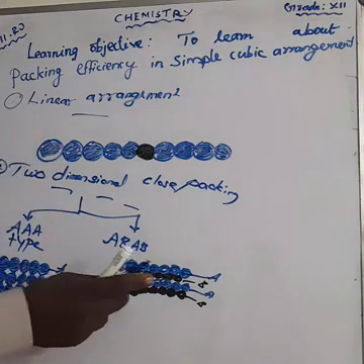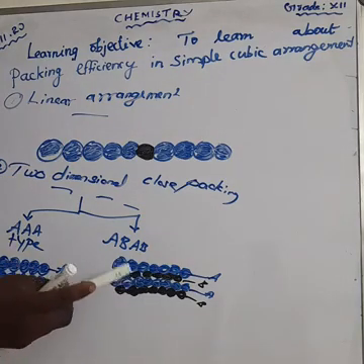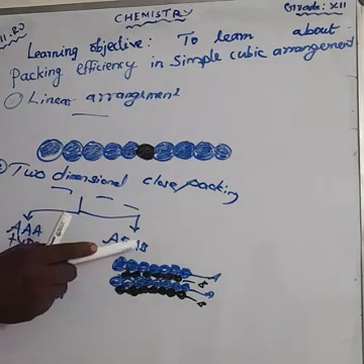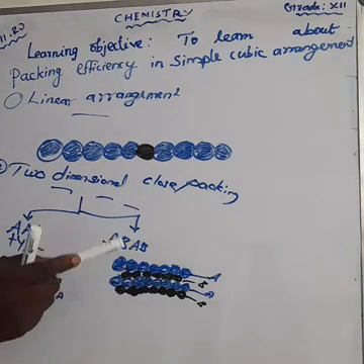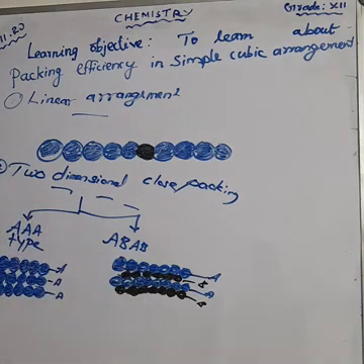The first row is denoted as A and the second row is denoted as B. The third row arrangement is similar to the first row, that is A. The fourth row is arranged similar to B. This pattern we call AB type.